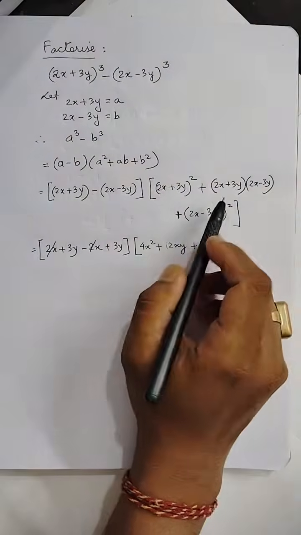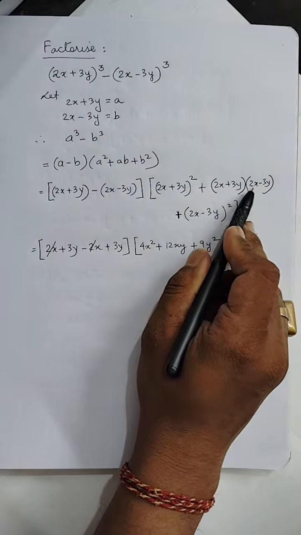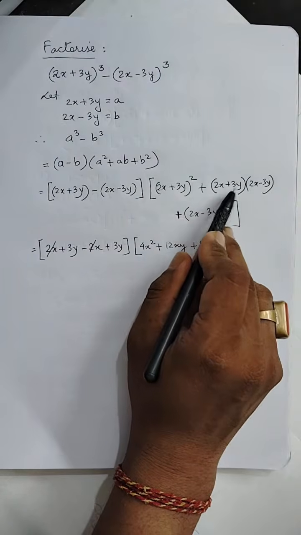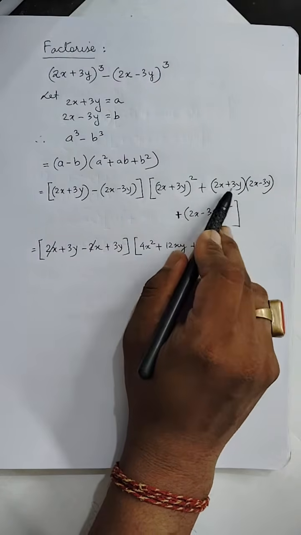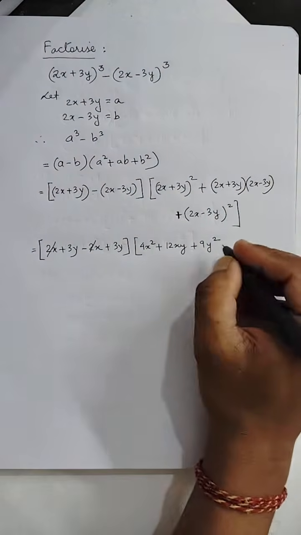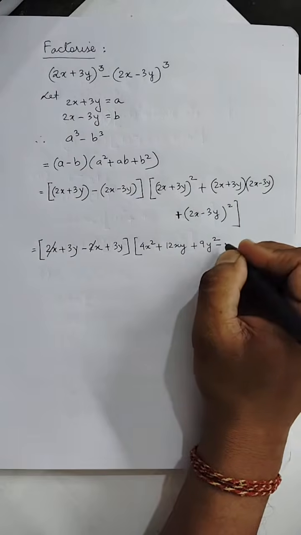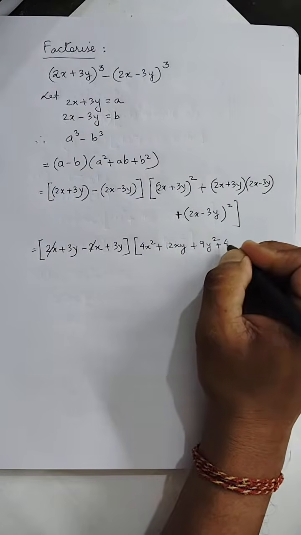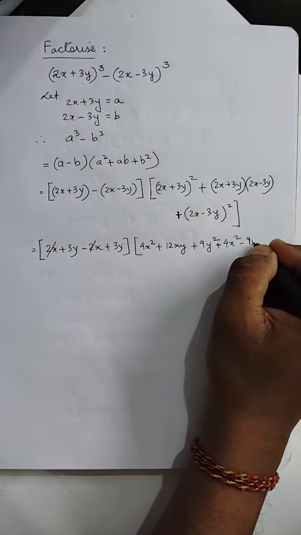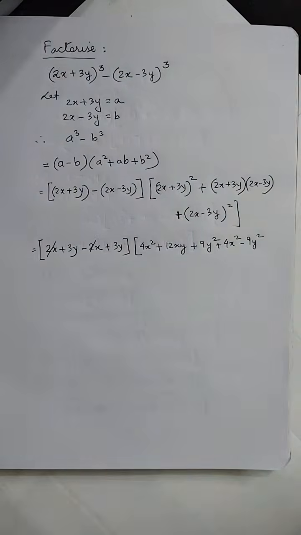Then we have 2x plus 3y into 2x minus 3y. This is using the identity a plus b into a minus b, which becomes a square minus b square. So this will be 4x square minus 9y square.